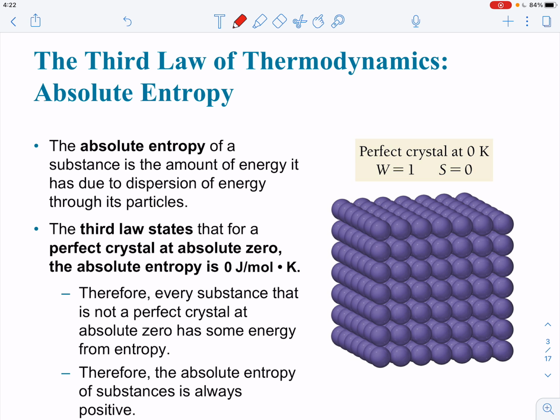For a spontaneous process, the change in entropy for the universe has to be positive. It could be positive, it could be negative, but if it's spontaneous, then that change in entropy has to be positive. Processes are driven towards a more disorganized state, so to speak.